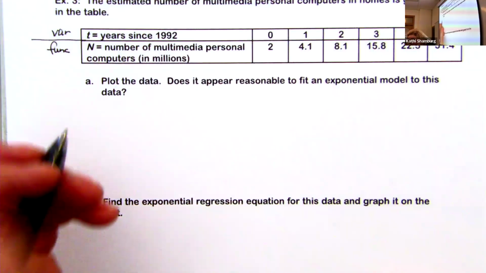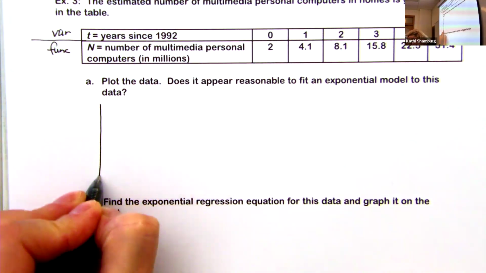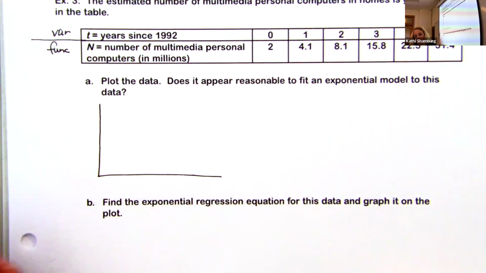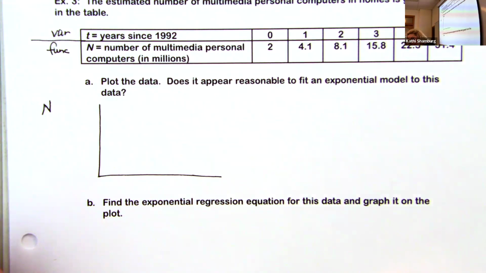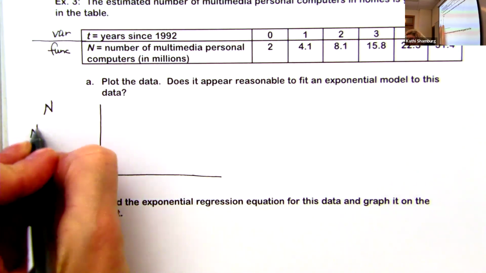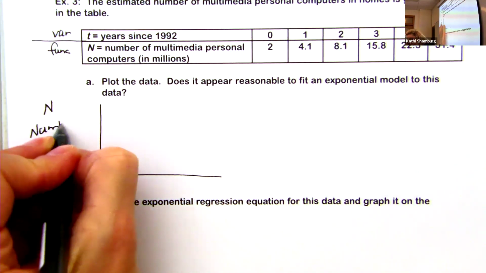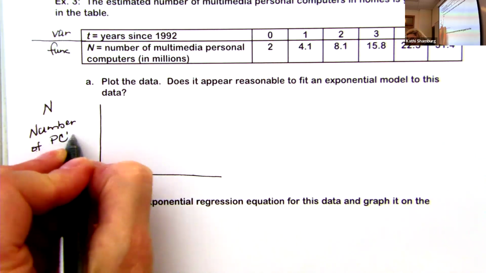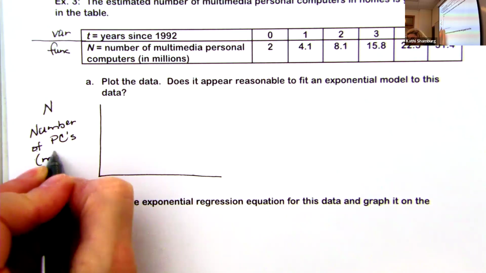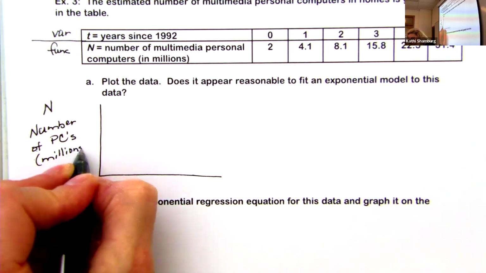So in plotting, the vertical function is the number of PCs, and we need to note that we're talking about millions.